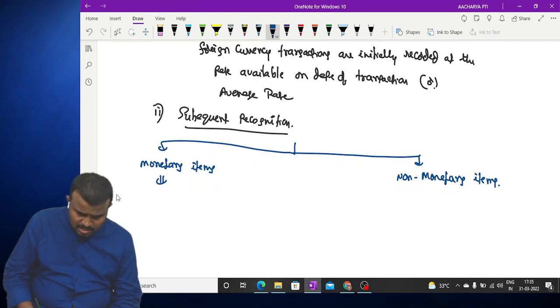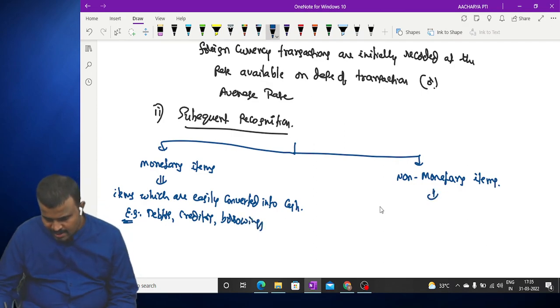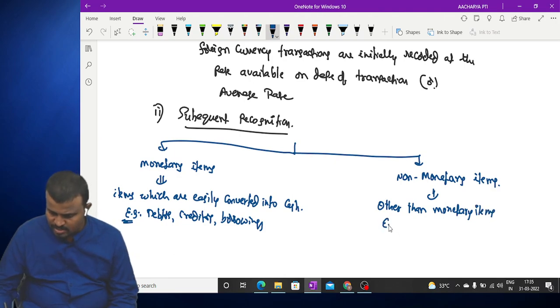So monetary items are nothing but those items which are easily converted into cash. Example, debtors, creditors, borrowings, etc. And other than monetary items are covered under non-monetary.